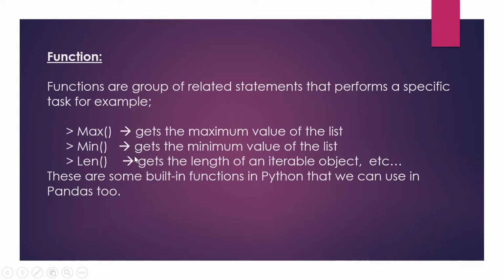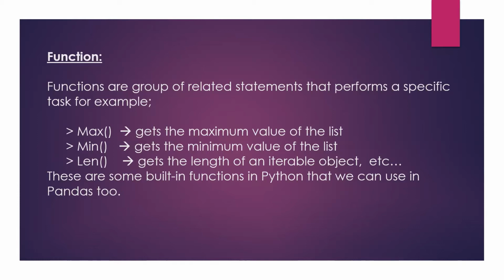Max and min functions cannot be applied directly to a column of a data frame, because a data frame is a data set and a column is a subset of that data set. So it cannot be applied directly to a specific column, whether it contains integer, string, or any type of data.